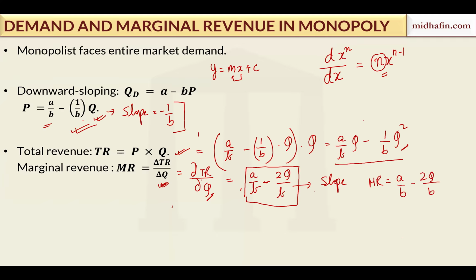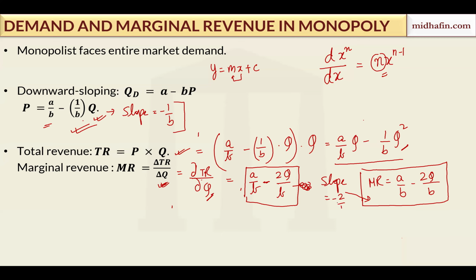So if we plot marginal revenue versus quantity, we get this line. Can anyone tell me what is the slope of this line? Anyone who can tell me just by looking? Very good. Excellent. Both of you are correct. So the slope is actually negative 2 over b.